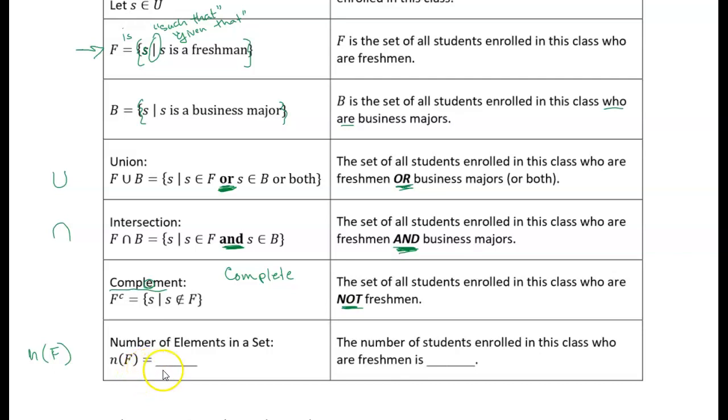So for example, in our freshman example, we had 19 students who were freshmen. So the number of students enrolled in this class who are freshmen is our 19. So that's how you would read this N of F. You would read it as the number of students enrolled in this class who are freshmen. Okay, the number in that set.